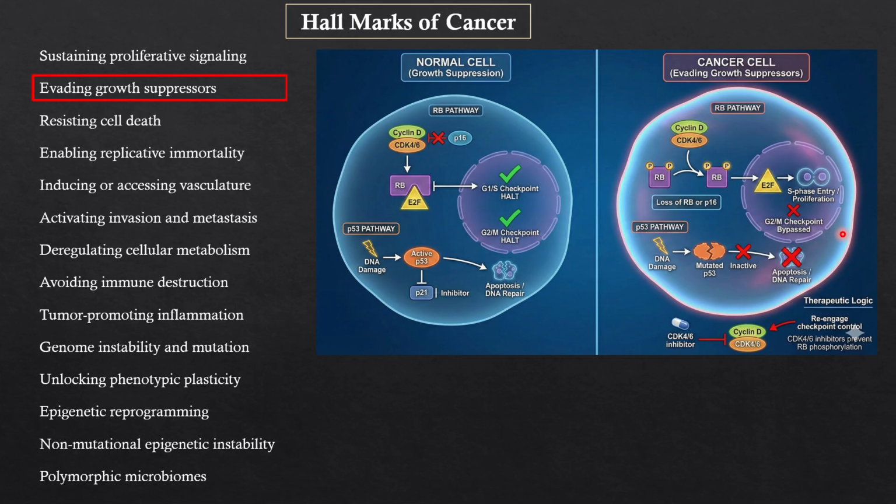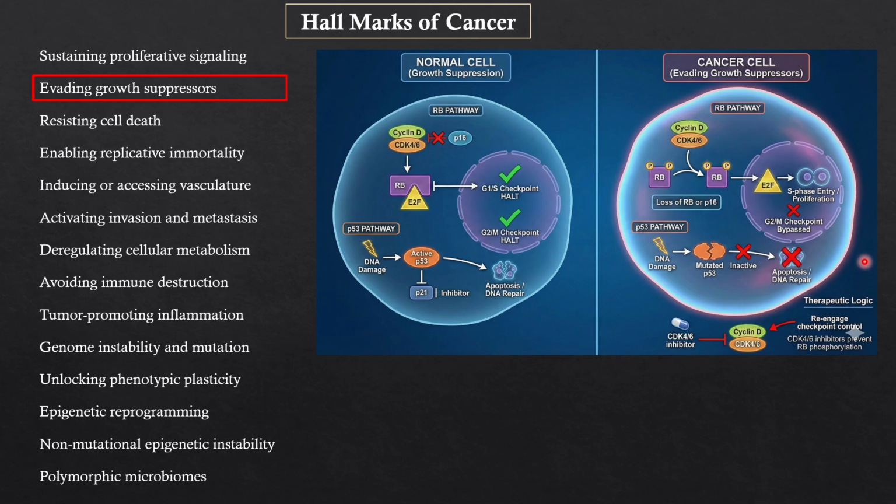In this case, the G2 to M phase checkpoint is bypassed. Similarly, in the P53 pathway, DNA damage can result in a mutated P53, which is inactivated, and apoptosis and DNA repair do not proceed.